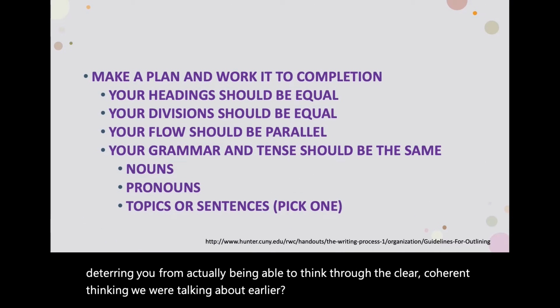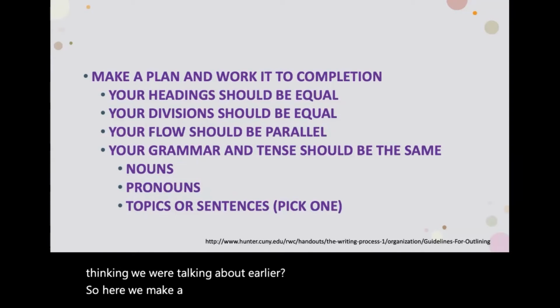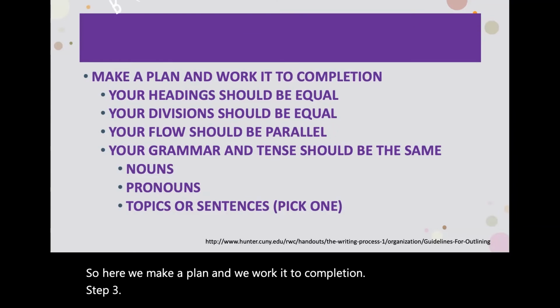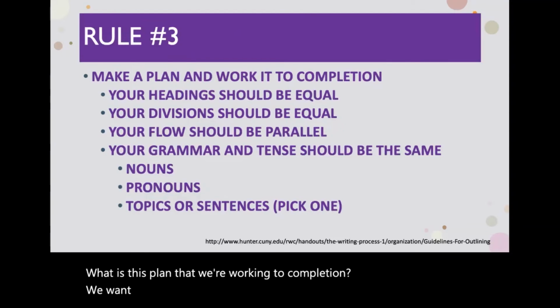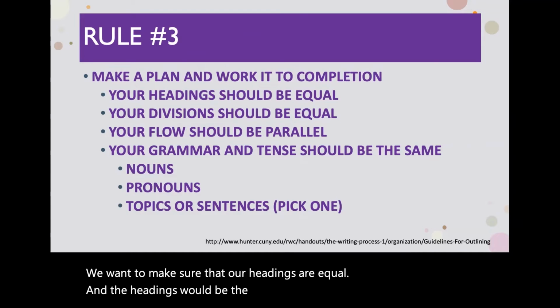So here we make a plan and we work it to completion. Step 3. What is this plan that we're working to completion? Well, we want to make sure that our headings are equal. And the headings would be the first line that you would put in your outline.